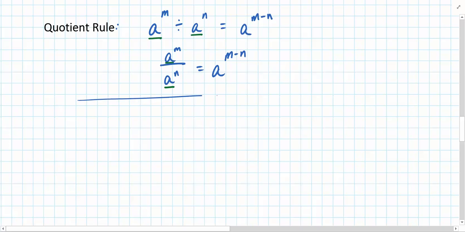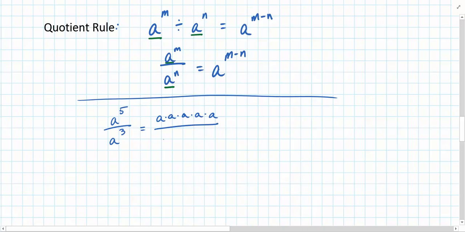If we look at this example with a concrete set of values, let's say that we have a to the 5th power divided by a to the 3rd power. Well, we could rewrite that as a multiplied 5 times divided by a multiplied 3 times.